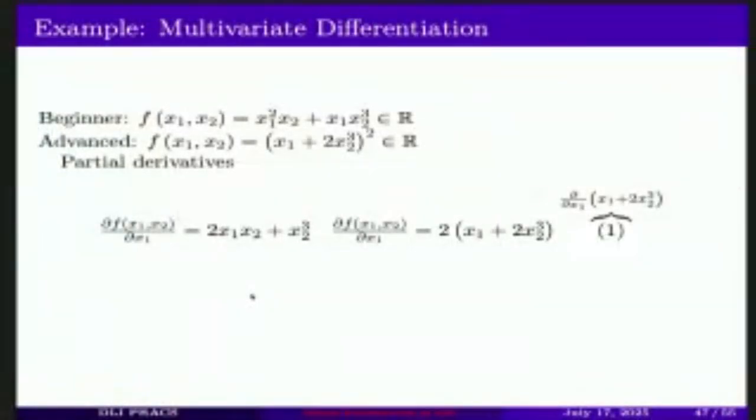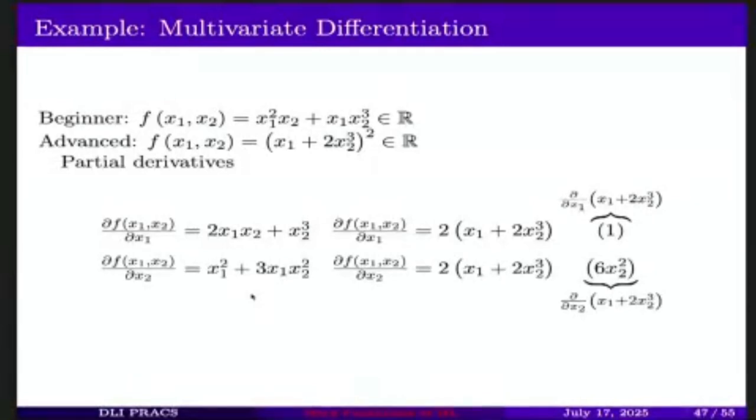Treat what is inside the bracket as a variable. If you derive this, you have 2 times what is in the bracket raised to the power 2 minus 1. That is why you have the result on your right-hand side. Right? Cool. It's the exact same thing that you do for the second variable x2.